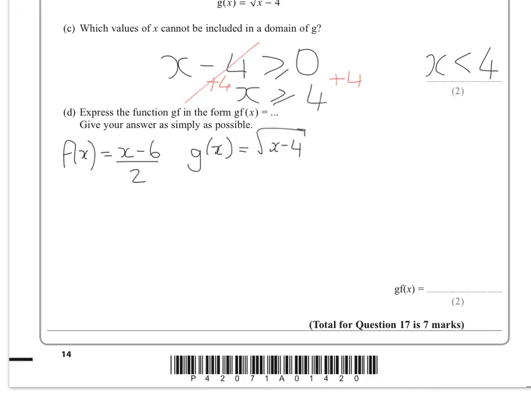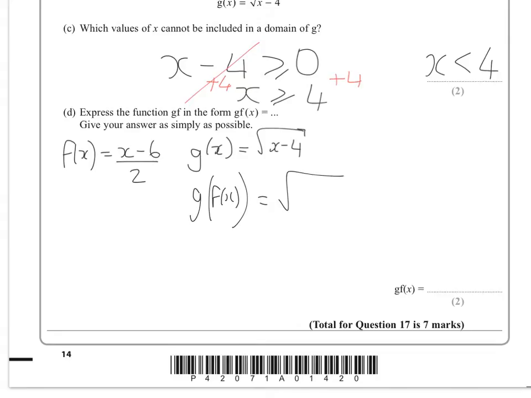Express the function gf in the form gf of x. Well, to work out what that function is, what I'm going to do is replace where I see an x in the function square root of x minus 4 with the function for f of x.